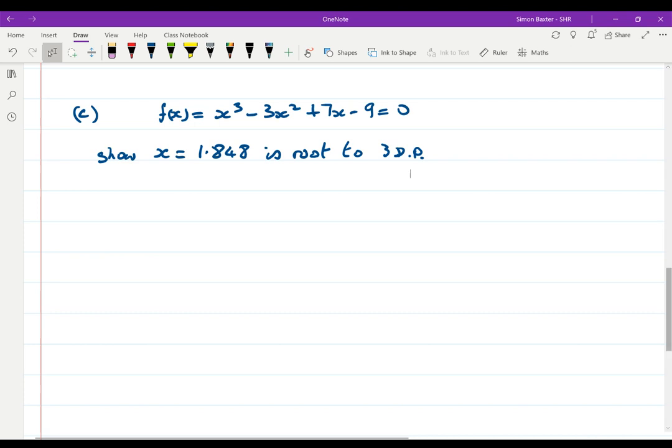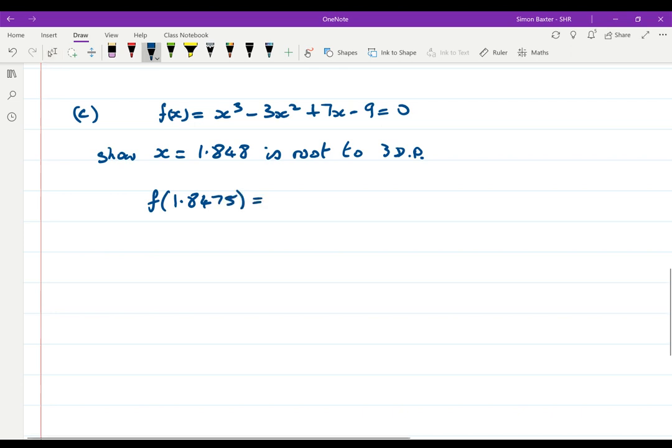That is the way that you've been doing already in your ordinary A level, and that is to select the right interval. The first thing to do is to look at f(1.8475).